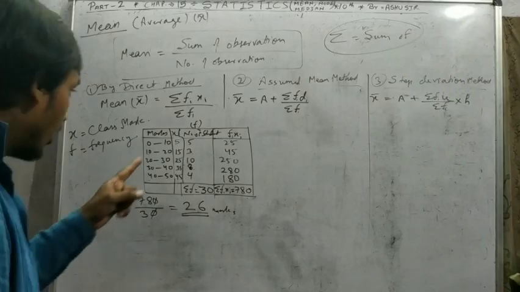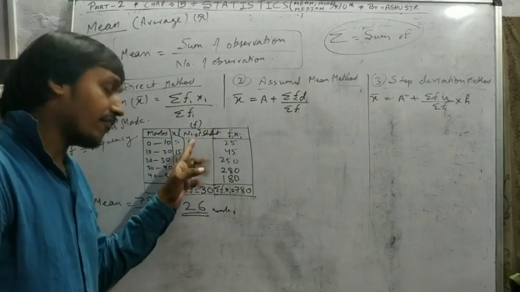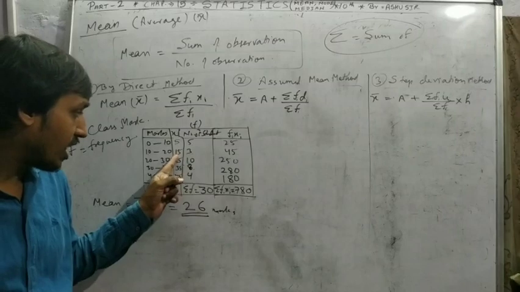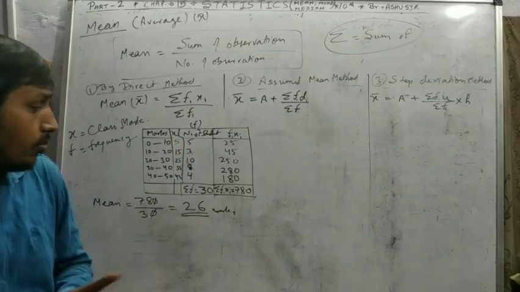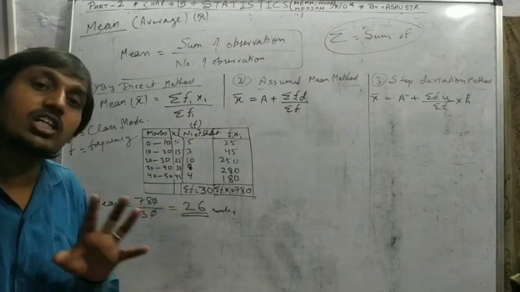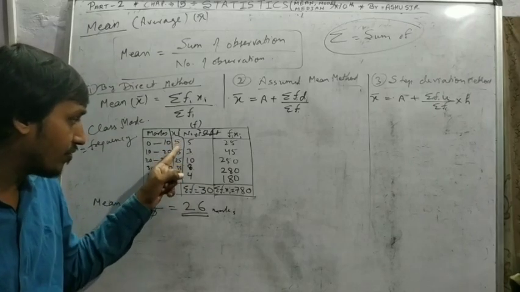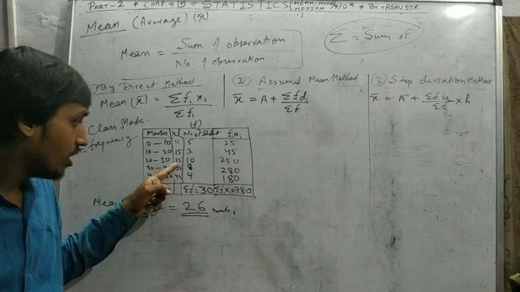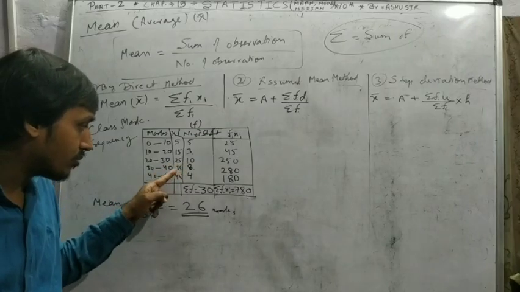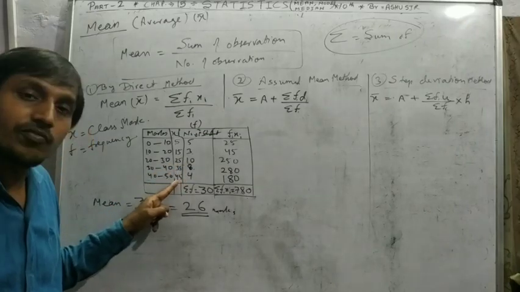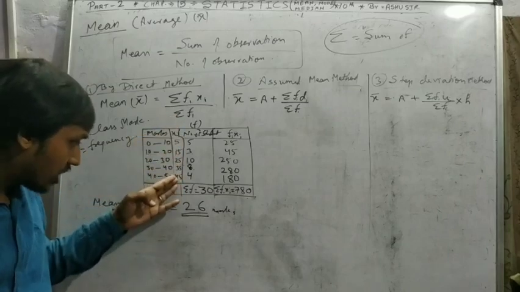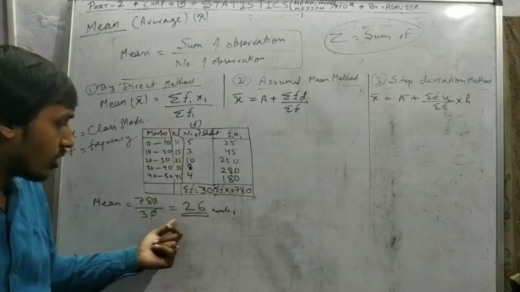Here 5 marks have 5 students, 15 marks have 3 students, so in total there are 30 students in the class. 5 times 5 is 25, 3 times 15, 10 times 25, 8 times 35, and 4 students got 45. If we add all of these and divide by 30, we also get 26.